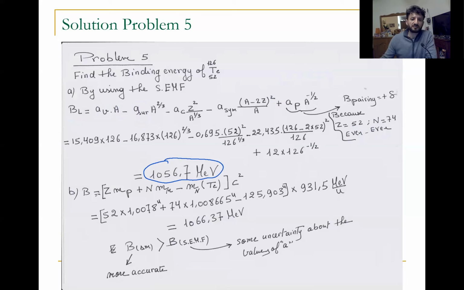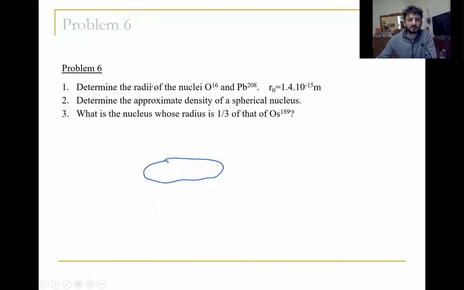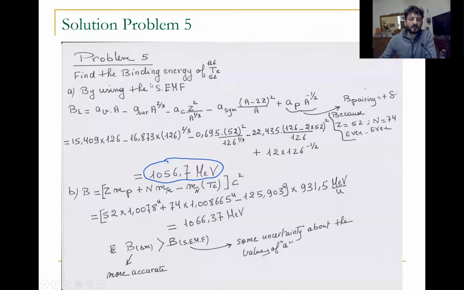The second part, I want to calculate the binding energy by using the general formula of binding energy, Z M_P plus N M_N minus M_Te, times C square.